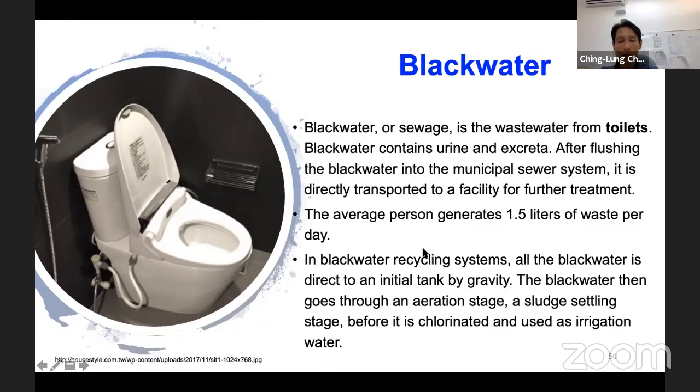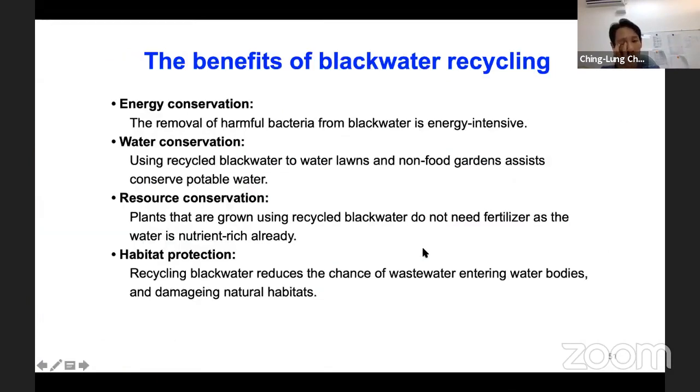And then these are the benefits of black water recycling. The first one is energy conservation. The removal of harmful bacteria from black water is energy intensive. The second is water conservation. Using recycled black water to water lawns and non-food gardens helps conserve potable water.